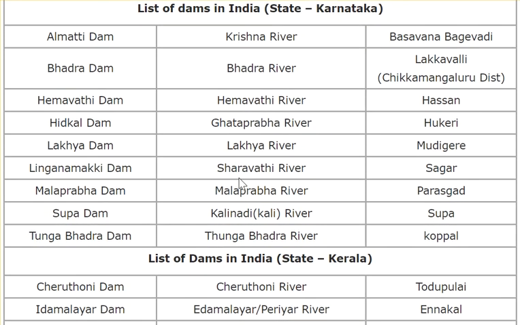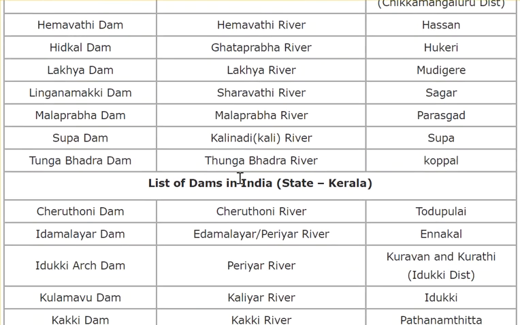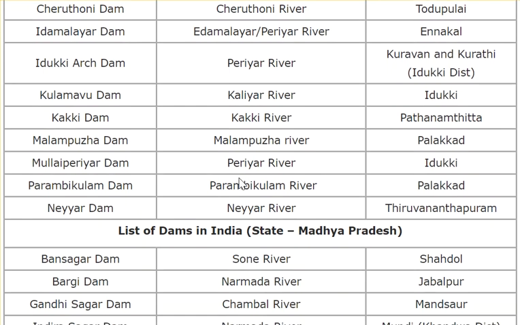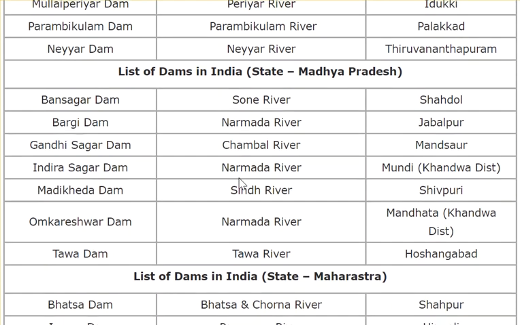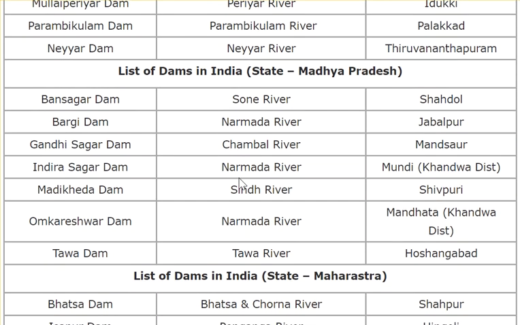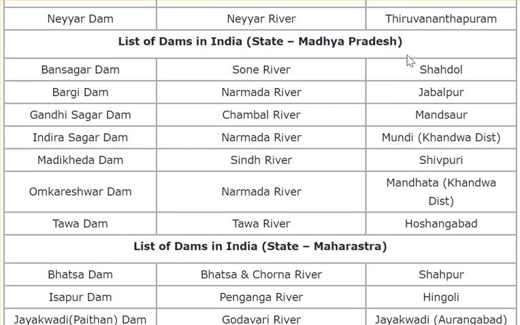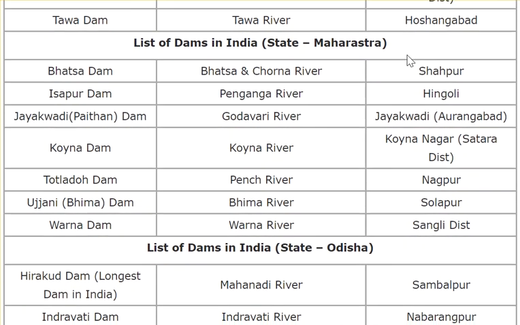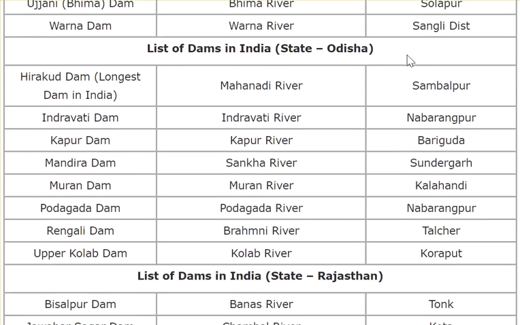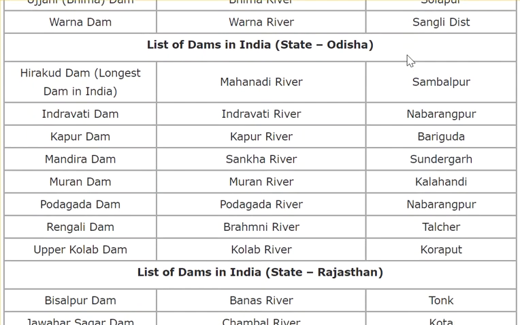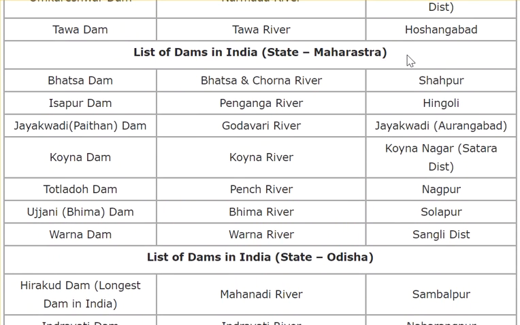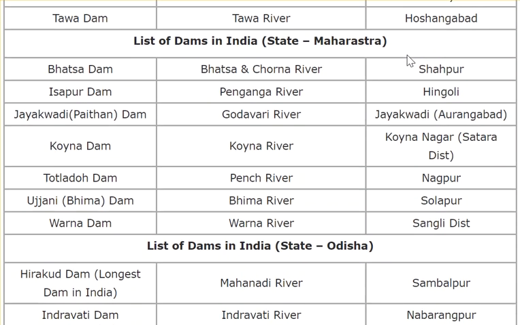Then there are the dams of Karnataka. Thereafter Kerala, and then Madhya Pradesh. Pause and take a screenshot, and then you can go on to Maharashtra and Odisha. I was fast, so I am coming back to Maharashtra again. Remember to pause and take a screenshot.